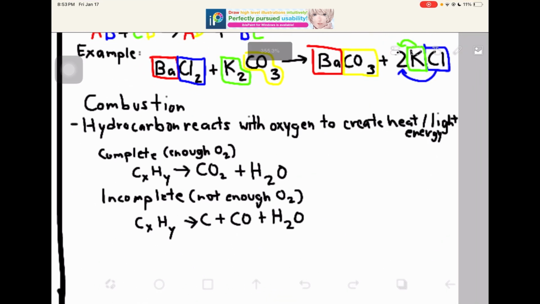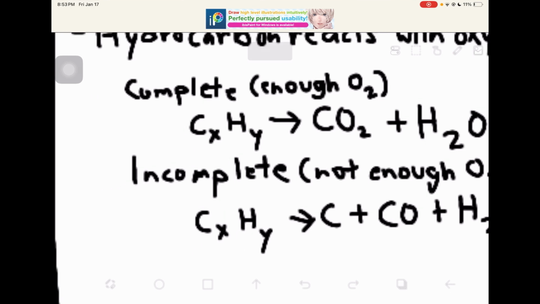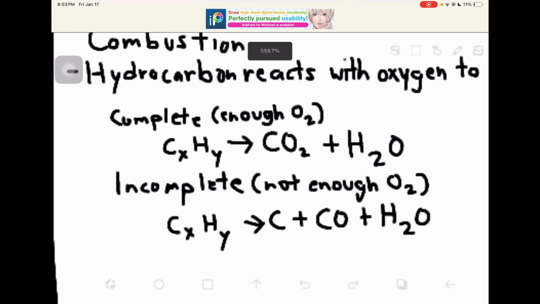Lastly is combustion. It happens when hydrocarbon reacts with oxygen to create heat or light energy. Whenever you see C and H on one side, that is immediately a type of combustion.